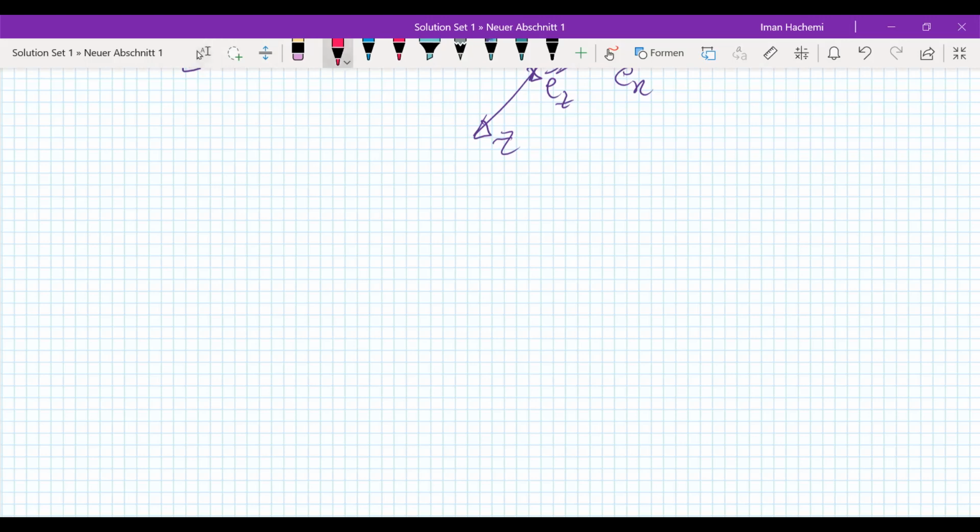That's what we have here. V is equal to r dot.